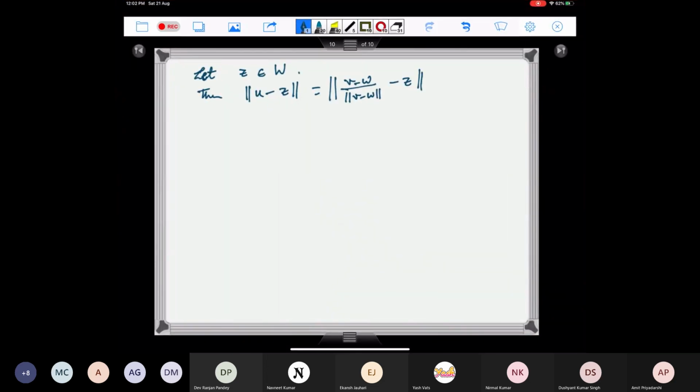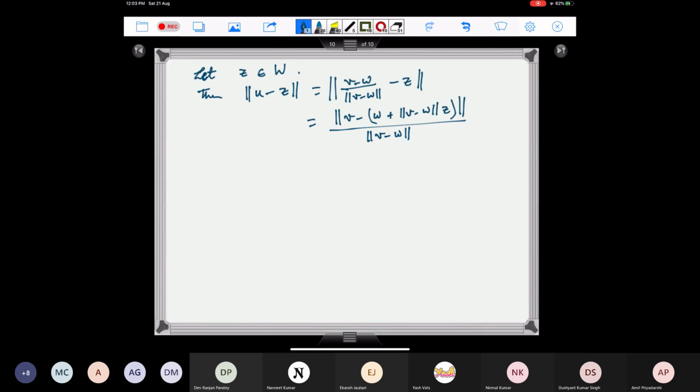So this is equal to v minus w plus norm v minus w times z, divided by norm of v minus w.